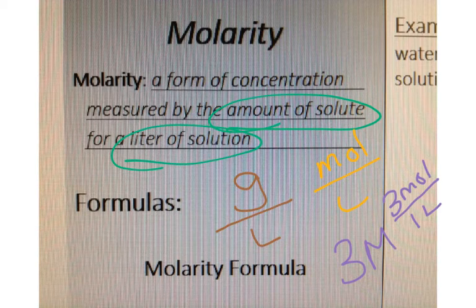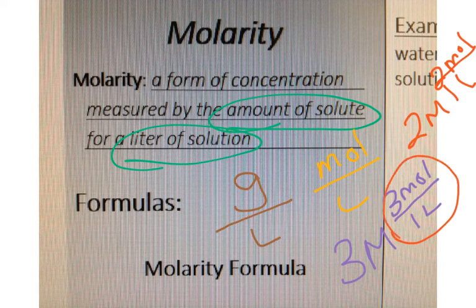Therefore, if I compared that to something with, let's say, a 2 molar solution, that would be 2 moles of particles for every 1 liter of solution. Therefore, the higher the number, the higher the concentration, or the stronger the molarity.